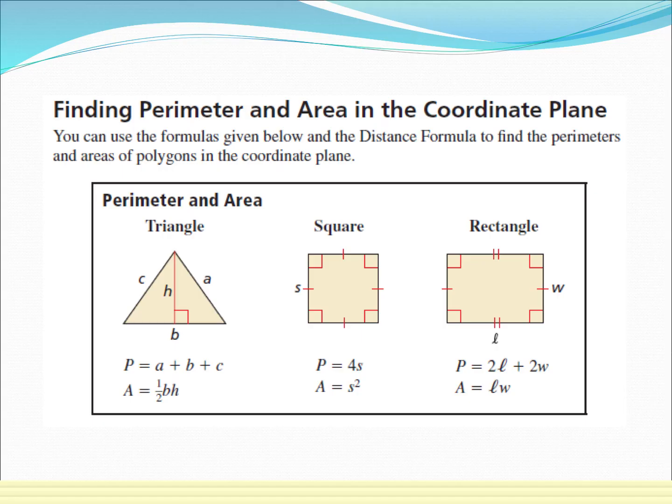All right. What we're also going to be doing in this lesson is finding perimeter and area of a figure or polygon when it's graphed in a coordinate plane. So I'm going to be giving you ordered pairs. You're going to graph them, and then you're going to need to find the length of the segments or the sides of the polygon.